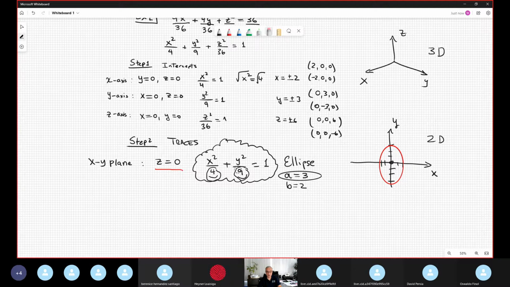Okay, so this is one lateral view. In 3D, well, I have no idea. In 3D, we have that ellipse here. That distance is 3, that distance is 2. By the way, the numbers -3 and +3 coincide perfectly with this.